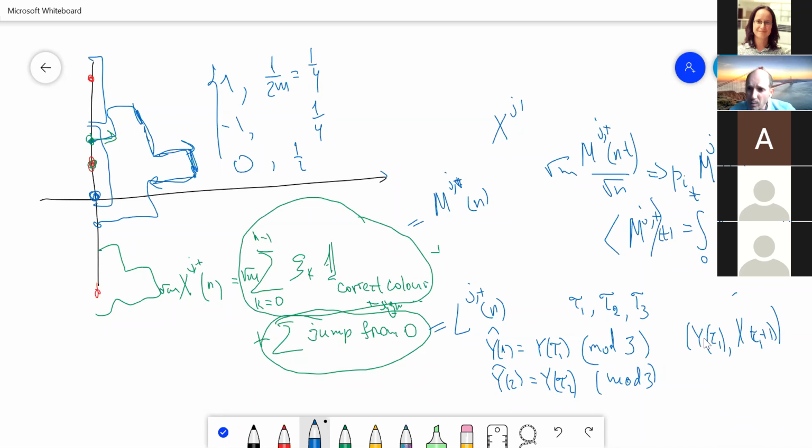So this means color, and this means sign of excursion, plus or minus. Again, this is also a Markov chain. It can be seen that all states are connected, and the period of this Markov chain is 1, and we have a stationary distribution.